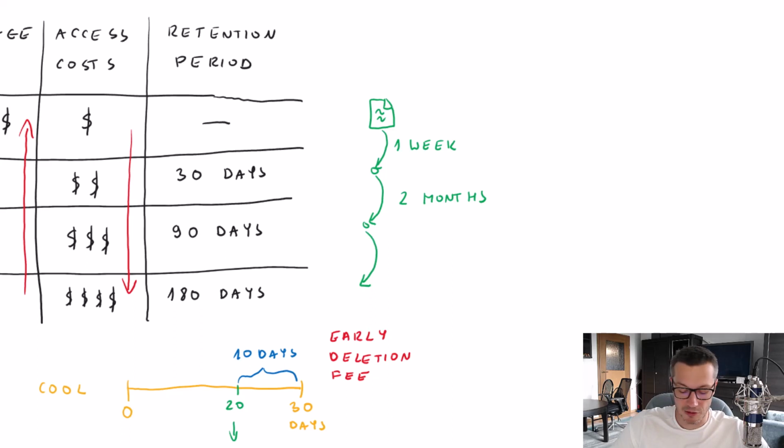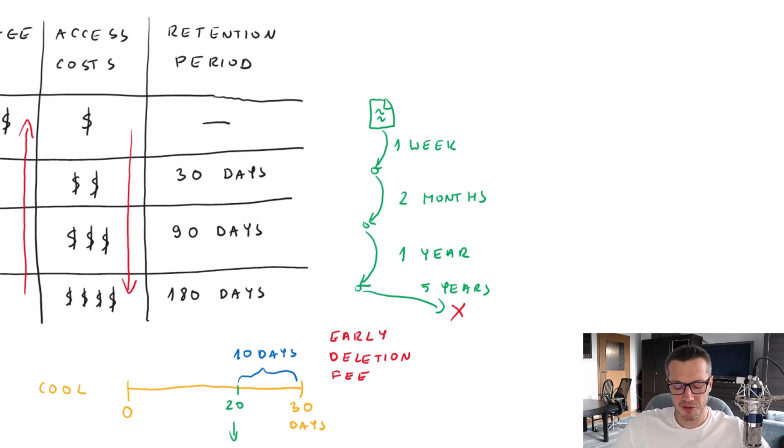Then maybe after 1 year, we would like to move it to the archive tier. And then maybe after 5 years, we would like to delete the file at all. Maybe we no longer need it. Maybe we just had to store some data for legal reasons for 5 years.